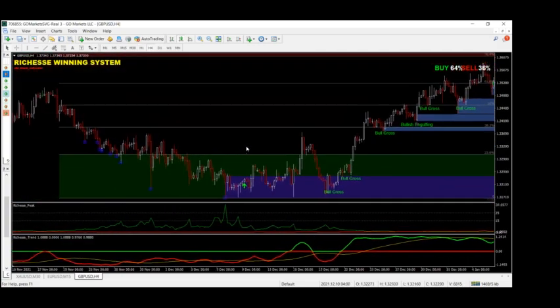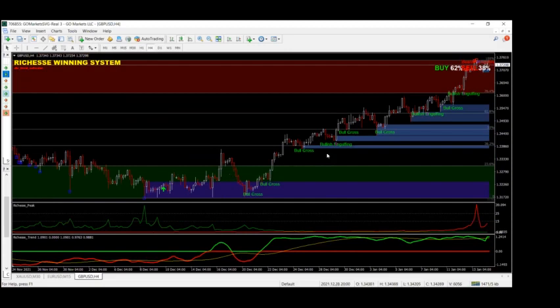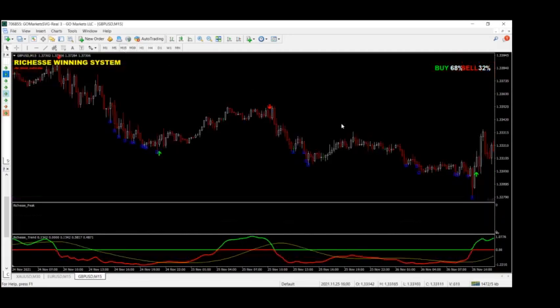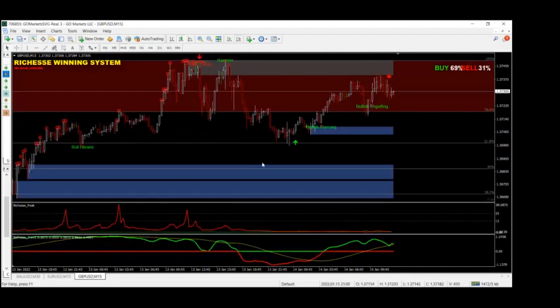You can see how this demand zone worked. See how this demand, it was a complete demand area. The price goes up, and again it's in the supply area after reaching here.